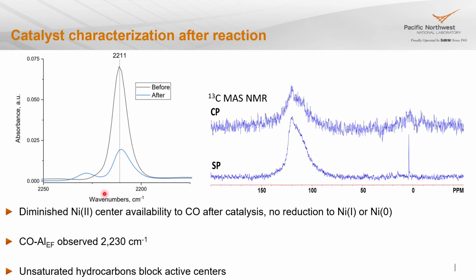We do, however, see some formation of extra framework aluminum and CO's ability to bind with that here at about 2230. If we look at the carbon NMR, either through cross-polarization or single pulse sequence, we can see that a number of unsaturated hydrocarbons are present on the surface and that they are likely blocking the active centers, which has led to the deactivation we observed.